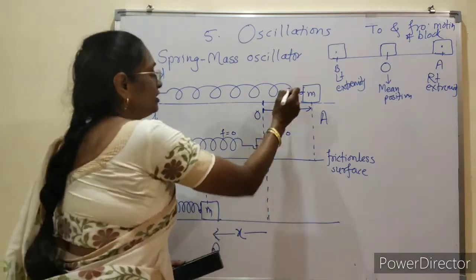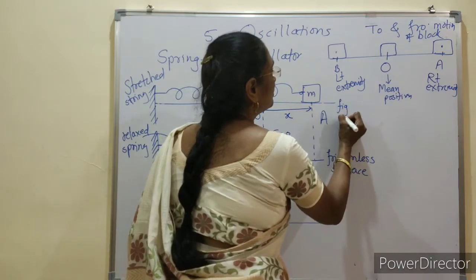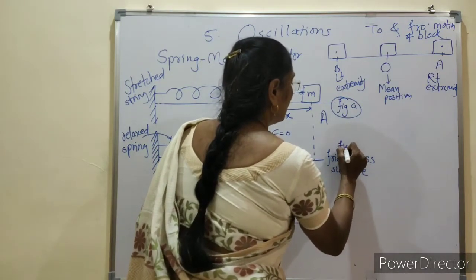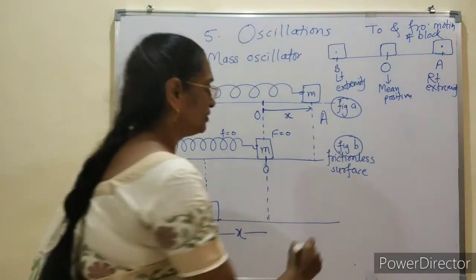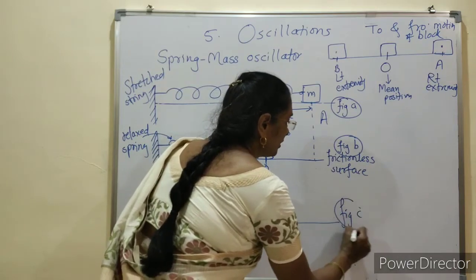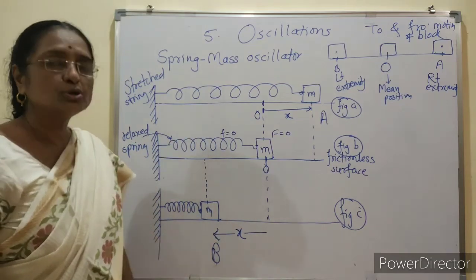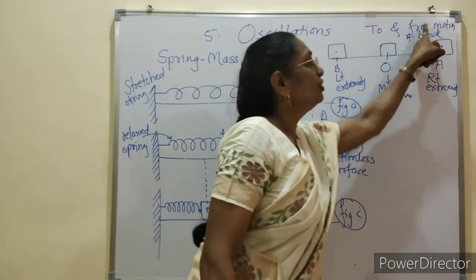When the spring is stretched, this figure is denoted by figure A. When the spring is relaxed originally, that figure is figure B, and the compressed spring can be shown by figure C. Here we have shown the positions only, but the motion is continuous.